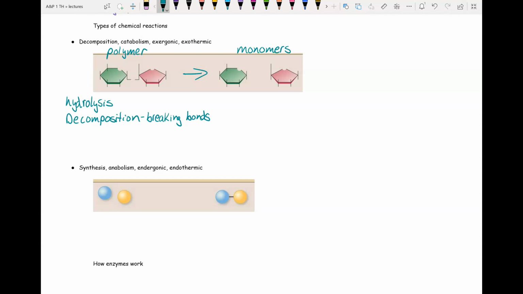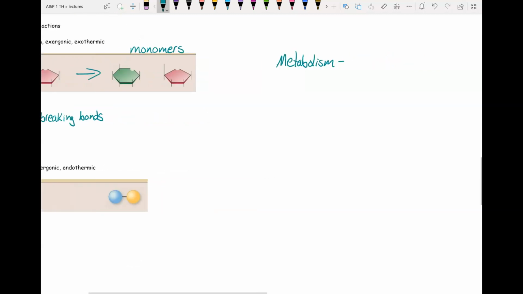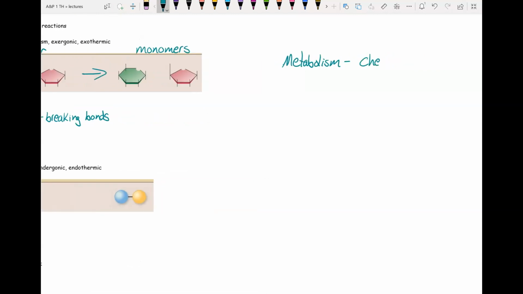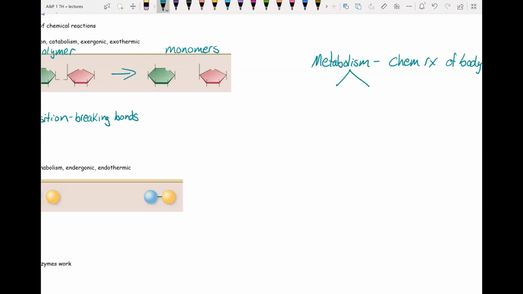Then we have the word catabolism. Metabolism is the chemical reactions of your body. And metabolism can be split into two types, catabolism and anabolism.